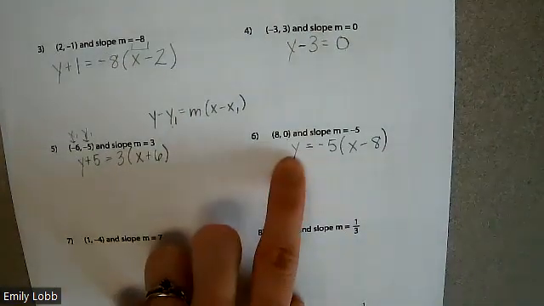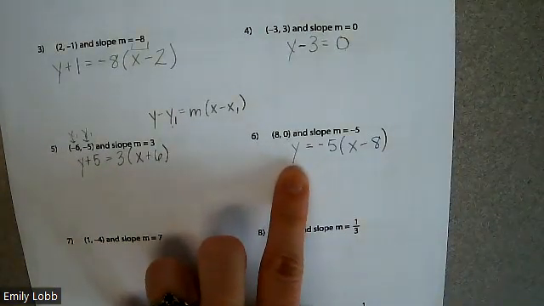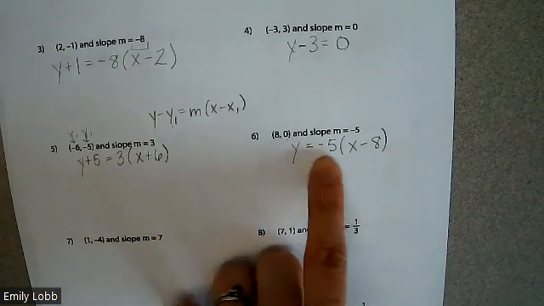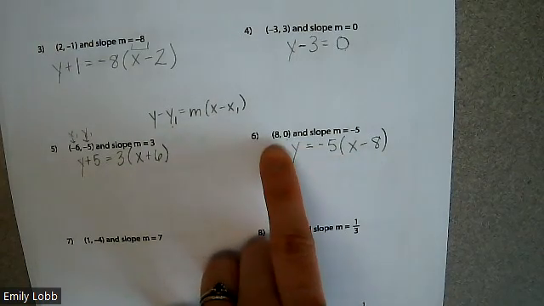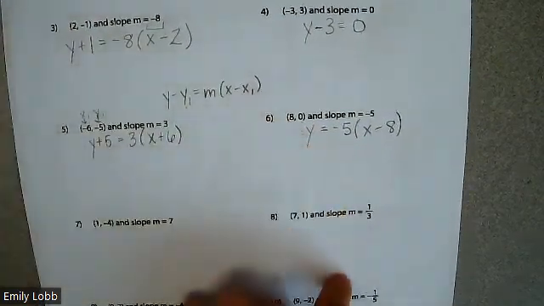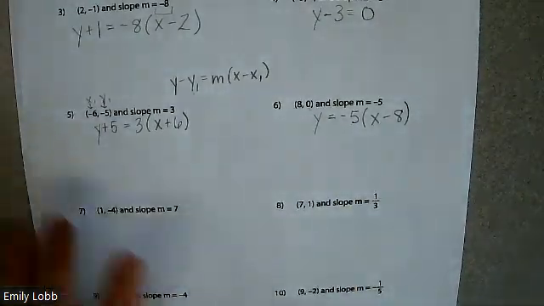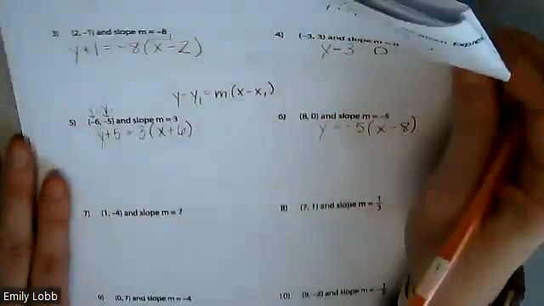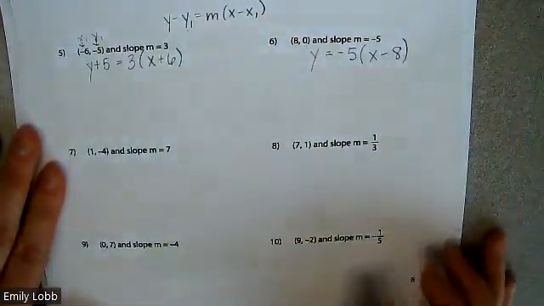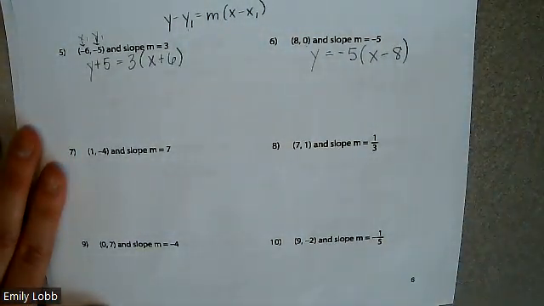So we said y minus 0 was just y is equal to our slope times x minus our x value, right? All right, let's do a couple more and then you guys will have that next page.